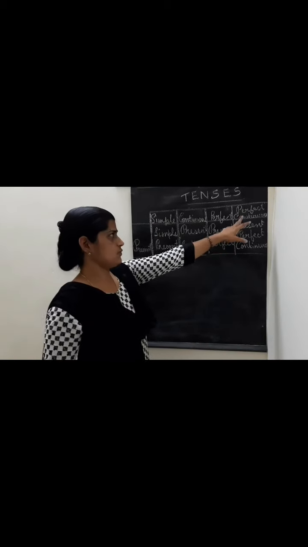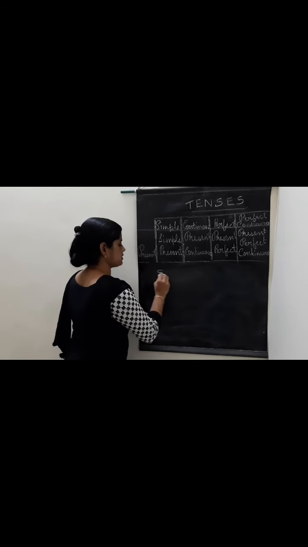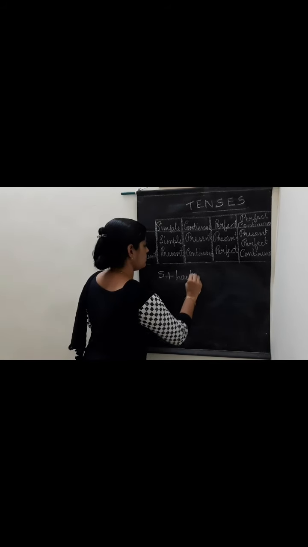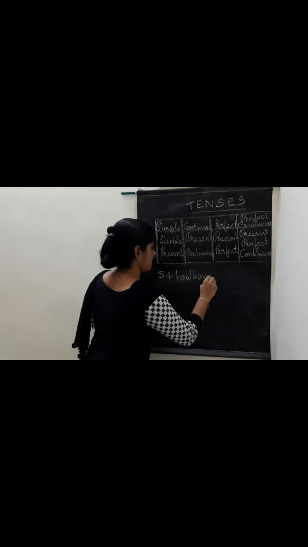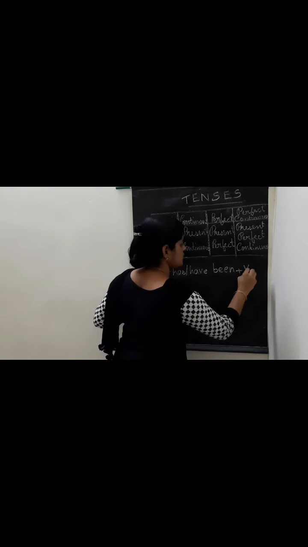And coming to the last one, that is present perfect continuous. The form is subject plus has or have, been plus the ing form of the verb.